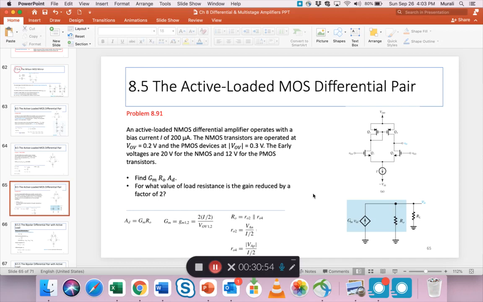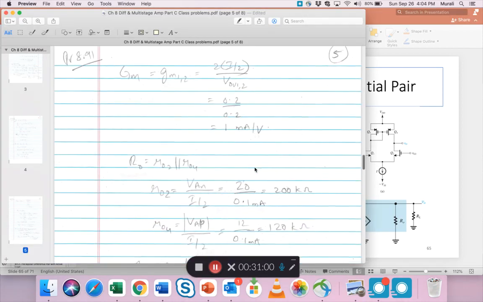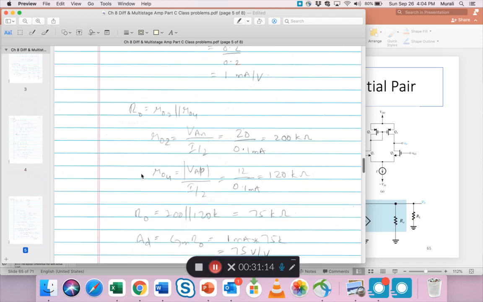Okay, so let's see how to proceed with example 891. GM, you find like this, comes out to 1. RO is a parallel combination of RO2, RO4, which is this and this. That comes out to be, now, here it's a tricky business, right?